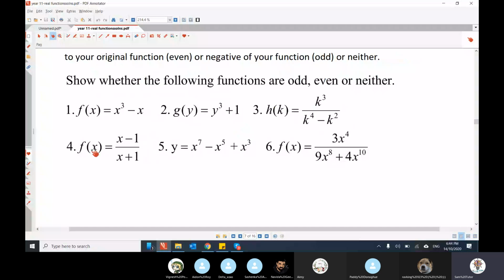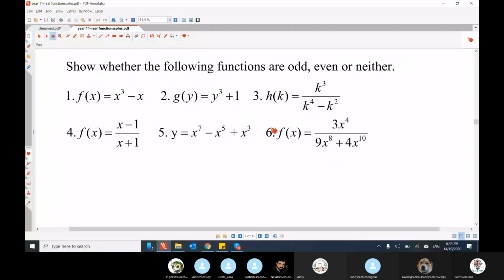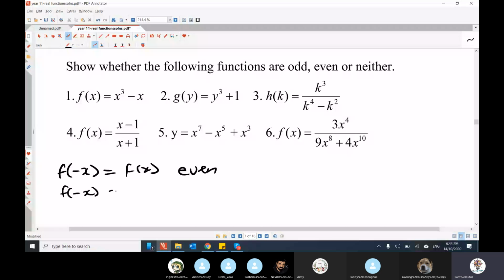Show whether the following functions are odd, even, or neither. I'll write the thing you're trying to prove. f of negative x: if it's the original, it's even. f of negative x: if it's negative of the original, it's odd, otherwise neither. So your steps work like this. Step 1, negative x.